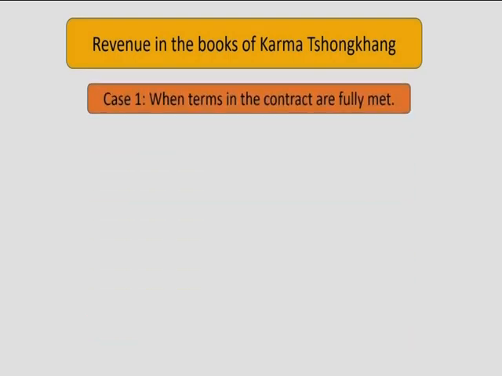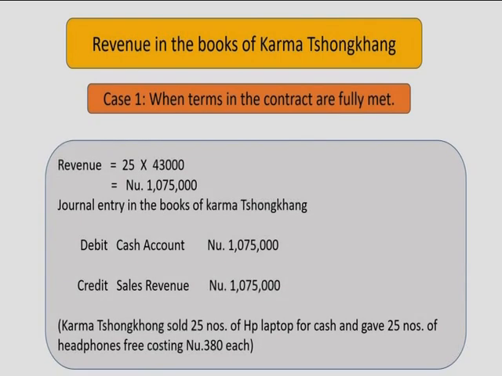Revenue in the books of Karma Tsongkang. Now, when the terms in the contract are fully met, I mean Karma Tsongkang has delivered all the goods as mentioned in the contract and Mr. Pema has paid everything with respect to the transaction, he has paid all the amount, so revenue in Karma Tsongkang's books will be 43,000 times 25, because Karma Tsongkang agreed to supply the HP laptop and headphones at Nu 43,000.